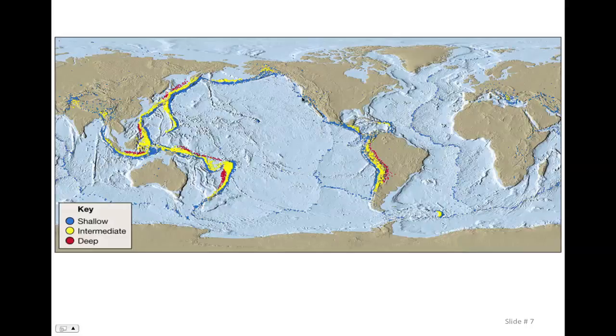You'll notice there's no deep earthquakes or intermediate earthquakes here, and that's kind of curious, but there is definitely subduction going on there. It's just that in the span this map was done in, which I think was over a 30-year period, there just really weren't any deep earthquakes to plot for whatever reason. But you can see that we have the intermediate and deep in the Atlantic as well.